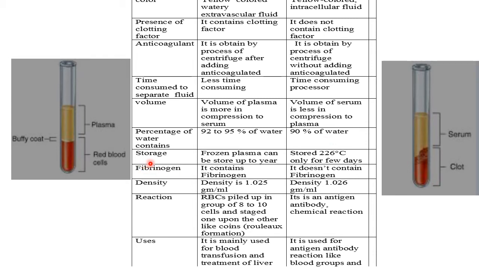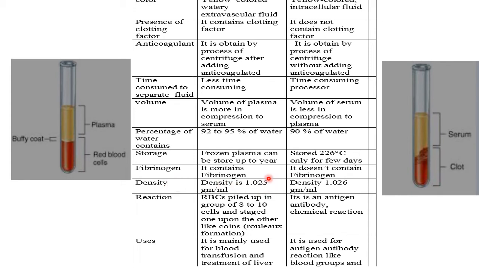As for storage, frozen plasma can be stored for a longer time, while serum cannot be stored for a longer time. Plasma contains fibrinogen because there is no antigen antibody reaction, and serum doesn't contain fibrinogen, that is a clotting factor consumed during the reaction.